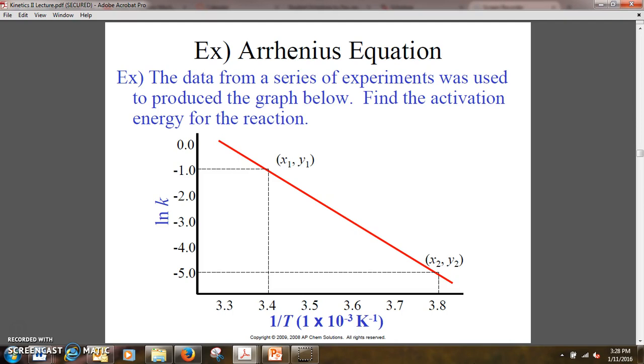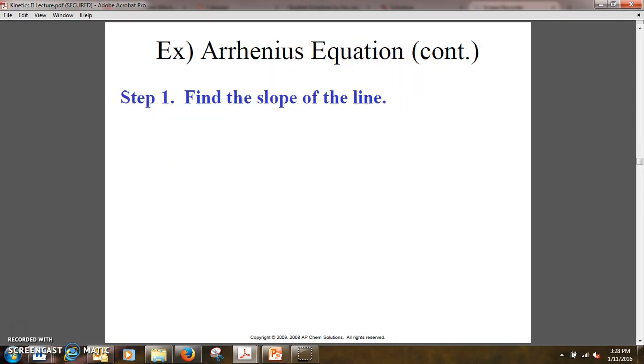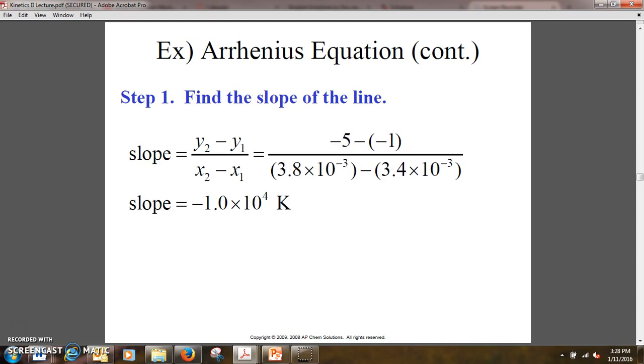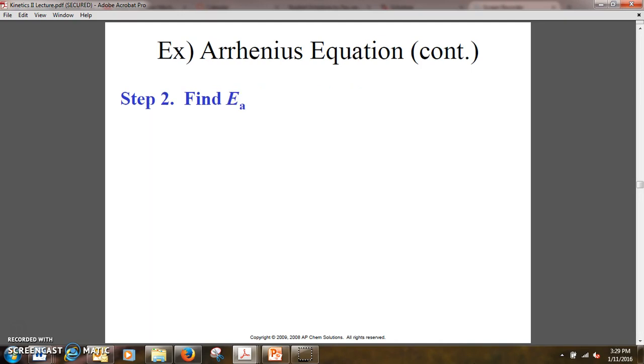If you're given data, as you have been, and you graph it as you see here, you take the natural log of the k value, the rate constant, over the reciprocal of the temperature, and you get this straight line here. In order to find the activation energy, we could find the slope of the line. You see the slope is -1 times 10 to the 4th. That's easy to do.